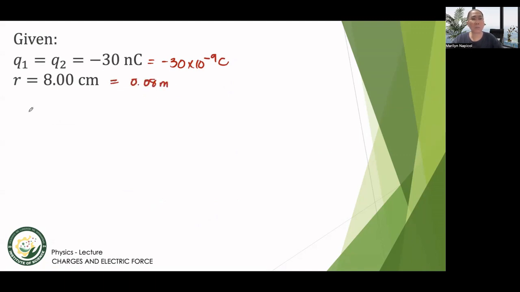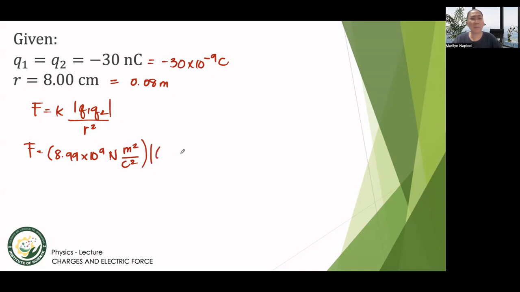Now we're ready to substitute. So F is equal to K, Q1, Q2 over R squared. So now let's substitute. For K first, 8.99 times 10 raised to the 9th Newton square meter over Coulomb squared.